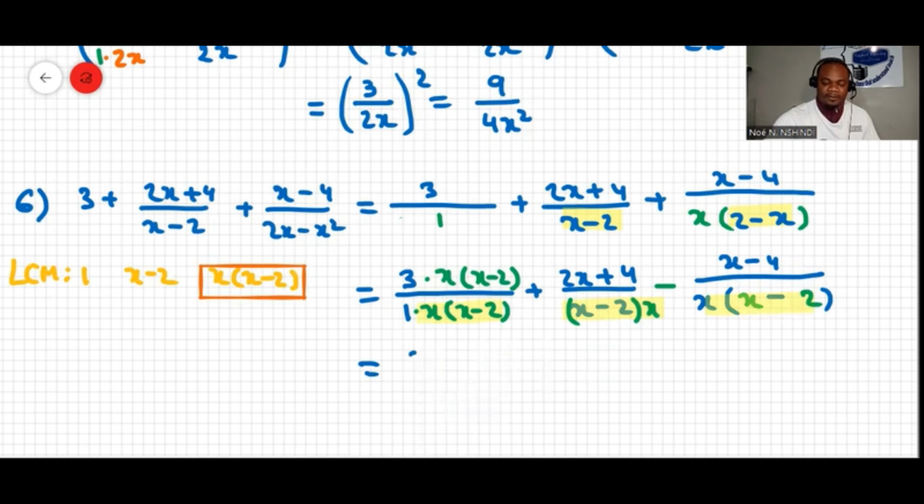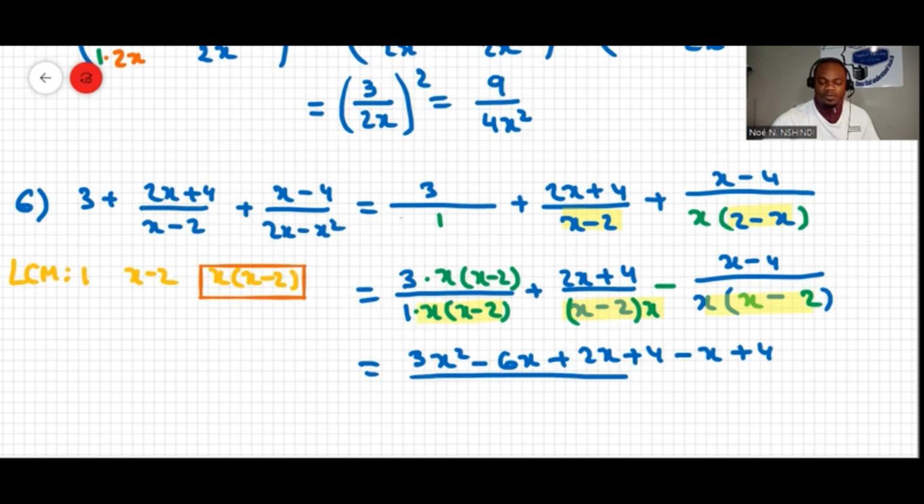So this makes 3x squared minus 6x plus 2x plus 4. This negative sign will affect the numerator. It's going to be negative x and then positive 4, all over x bracket x minus 2.